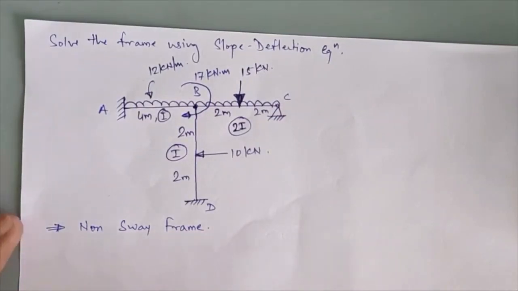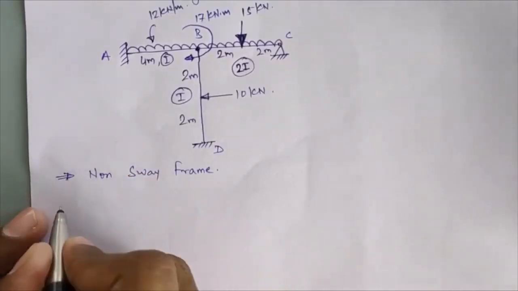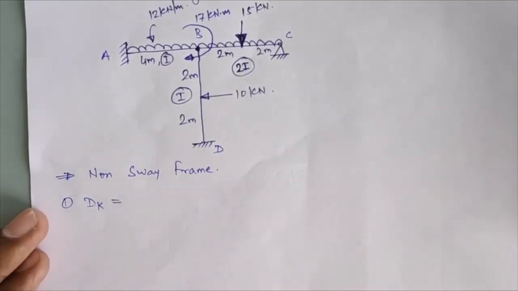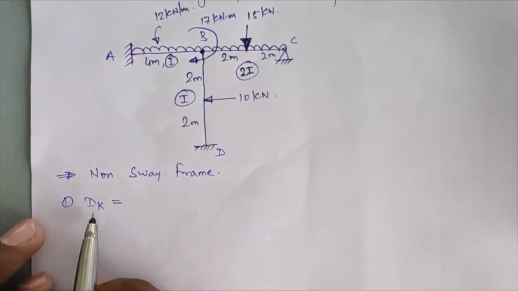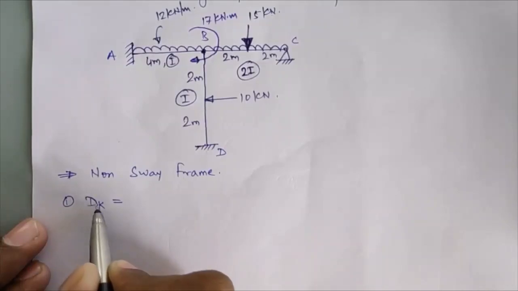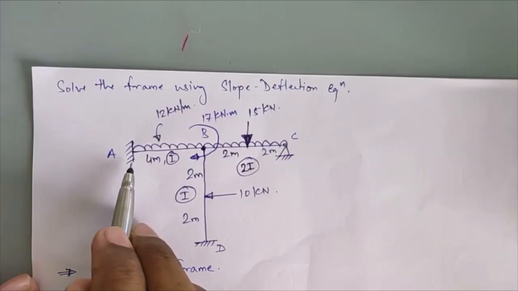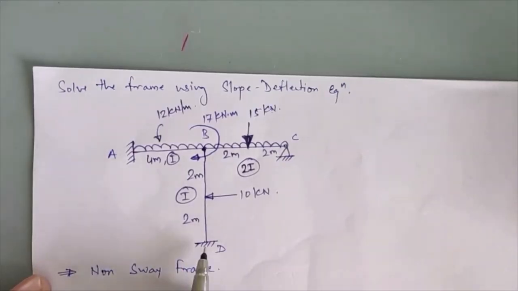Initially we'll proceed with our first step, that is, we calculate the value of dk. dk is the degree of kinematic indeterminacy, which is based on your support conditions. Support A is fixed, so the dk value will remain 0. Same way support D is also fixed, so the dk value will remain 0.